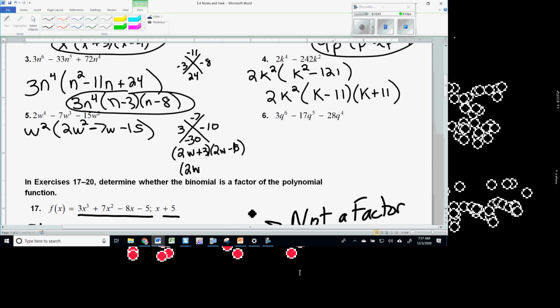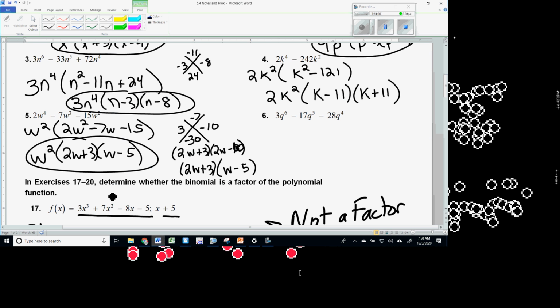So then this gives me 2w plus 3, w minus 5. The 30 comes from the 2 and the 15 to get the 30. The first, the AC.